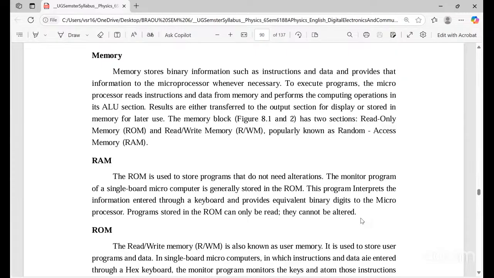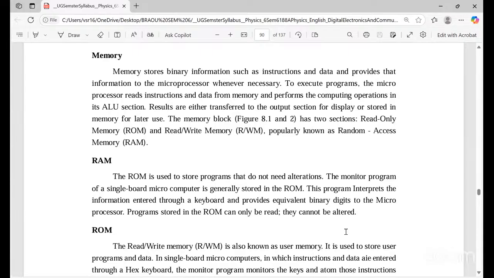Computing means addition, multiplication, logical operations, all these things. Results are either transferred to the output section for display or stored in the memory. Okay. So the memory block diagram is below, and it has two sections. One is the RAM, random access memory. Another one is the ROM, read-only memory.